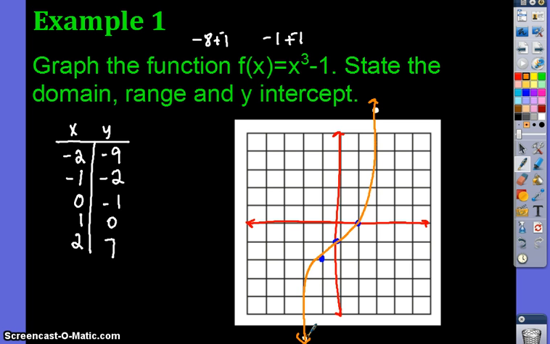We need to remember that we're really zoomed in. If we zoomed out more, we would see that the graph would continue to expand as we add more x values over here and over here. The y would continue to move over. So the domain and the range here would again be all real numbers. And this time we have a different y-intercept. Our y-intercept is at the point 0, negative 1.